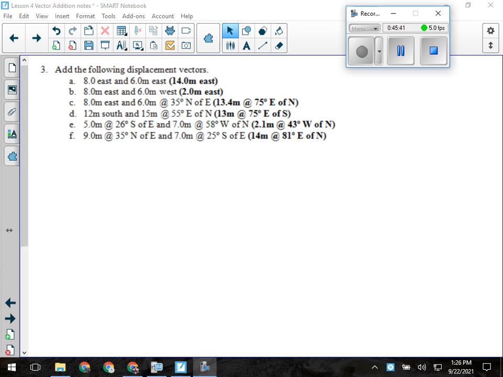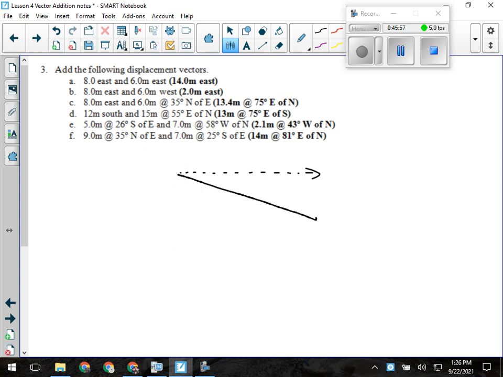Okay, so if we're looking at the diagram for E here, okay, so we got 5 meters at 26 degrees south of east. Okay, so I'm going to go east, then I'm going to go 26 degrees south of that.